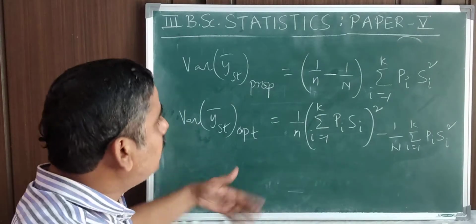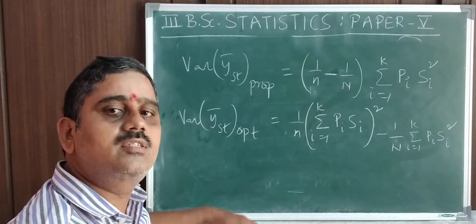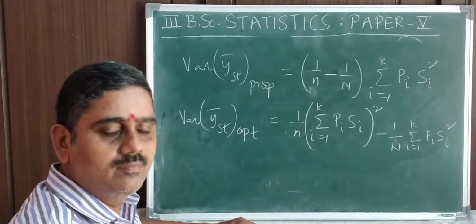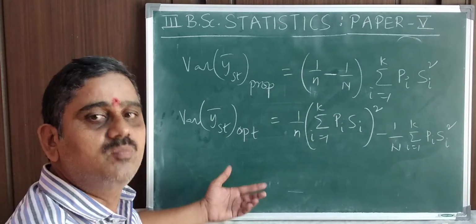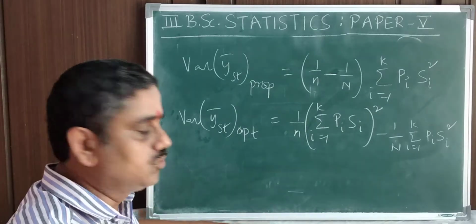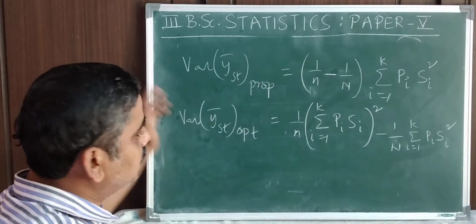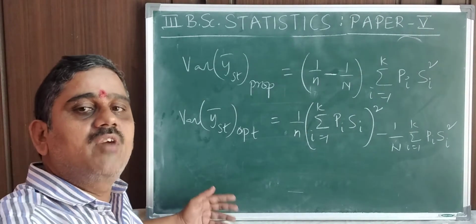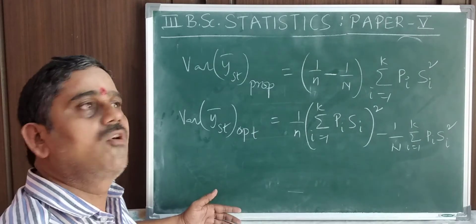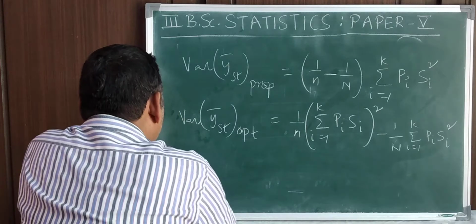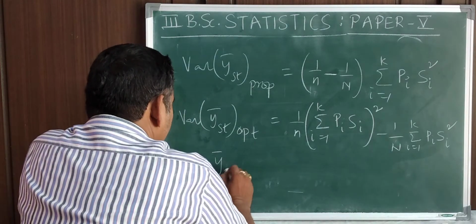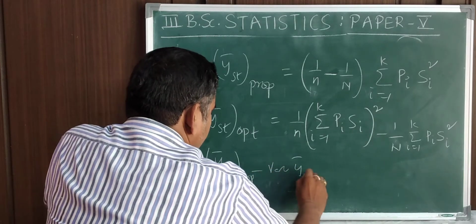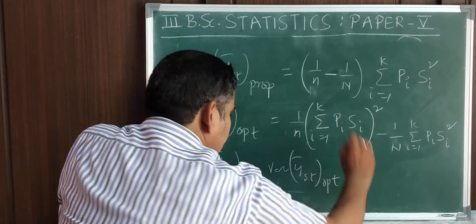Now how to compare these two formulas? Which one is less and which one is more? For this, I subtract these two to know which variance is less. So I take the subtraction, variance of y bar st proportion minus variance of y bar st optimum.